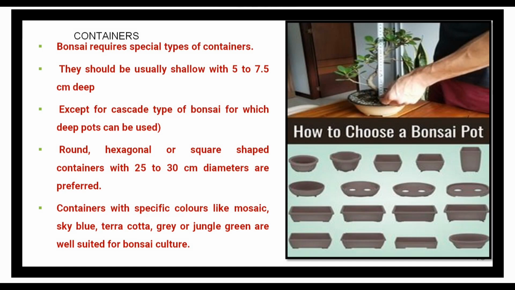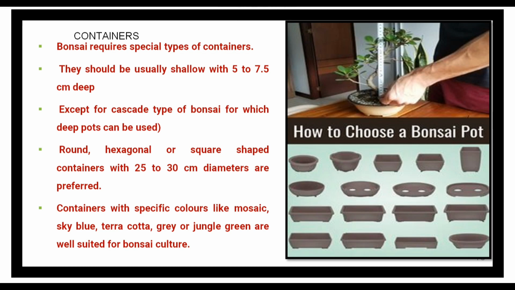The next one is the selection of containers. Bonsai requires a special type of container because we are going to depict a natural plant in a container. Usually the pots will be shallow, around 5 to 7.5 centimeters in depth, except for the cascade type of bonsai, which requires deeper pots.